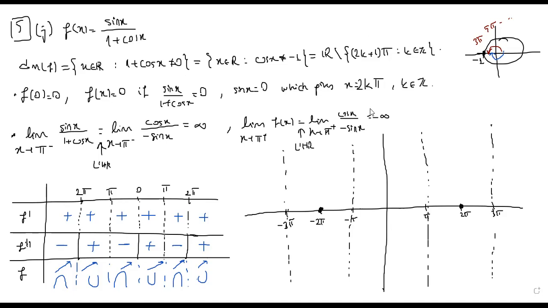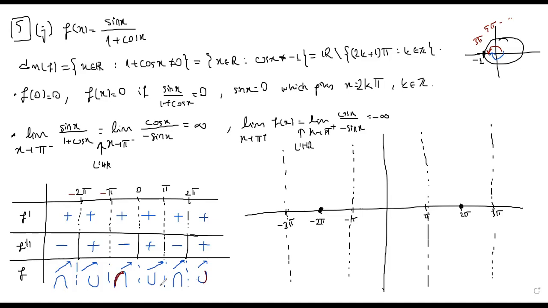Now, what else? Here we see that the function is always increasing, so let's find it only here between minus pi and pi. So it's increasing, right?